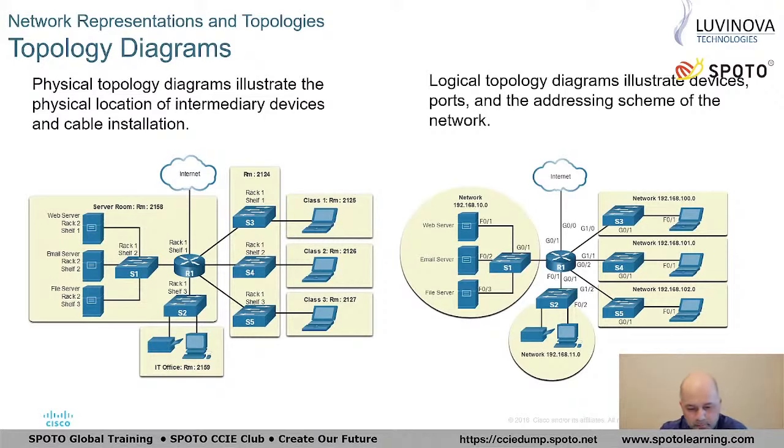So here we have two parts, two topologies. One is a physical one from the left side, and from the right side is the logical one. So physical topology. What is interesting for physical topology is that it basically gives you the information of the location and physical part of the servers. How do you know?